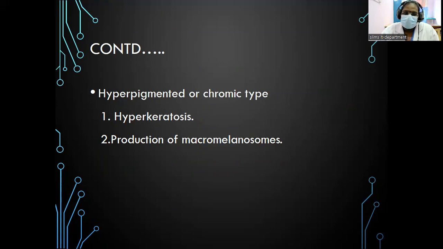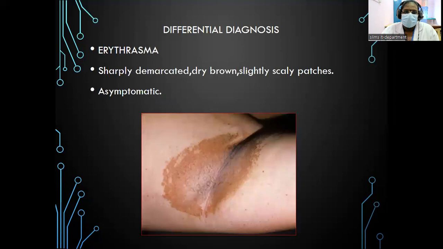The reasons for chromic pityriasis versicolor are hyperkeratosis and production of macromelanosomes. Now the differential diagnoses for chromic pityriasis versicolor. One of the commonest is erythrasma, caused by bacterial infection.